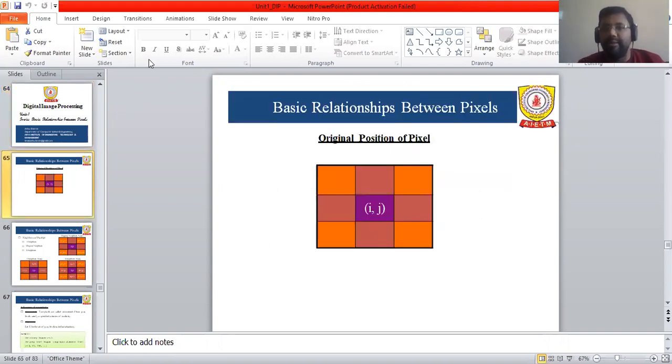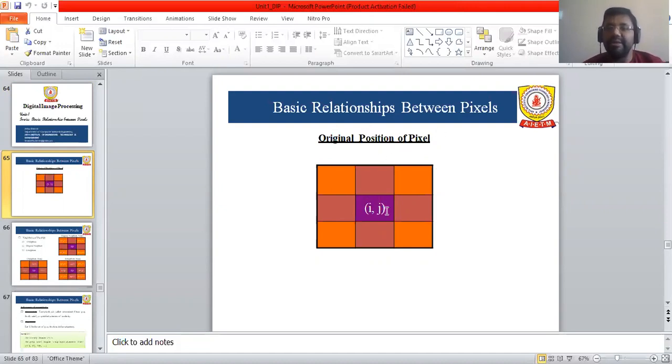See, as I said earlier, an image is nothing but a two-dimensional array. So we have this picture which is 2D and has dimension 3 by 3. The original position of the pixel that we assume is i comma j. Here we are studying the basic relationships between pixels.